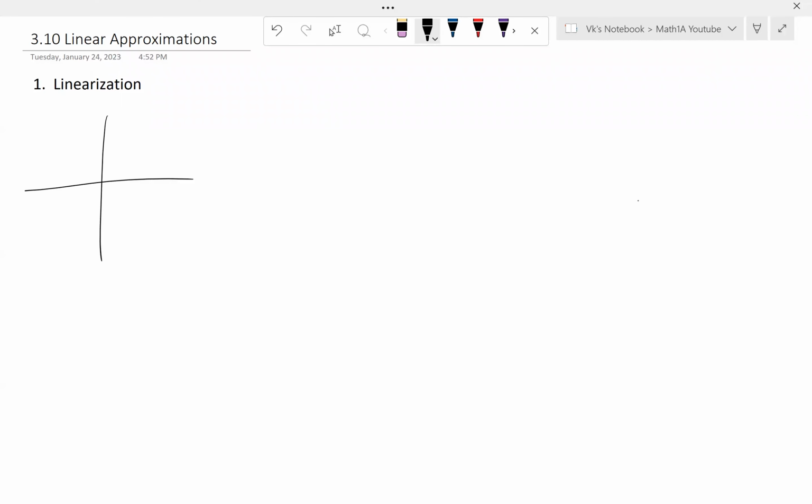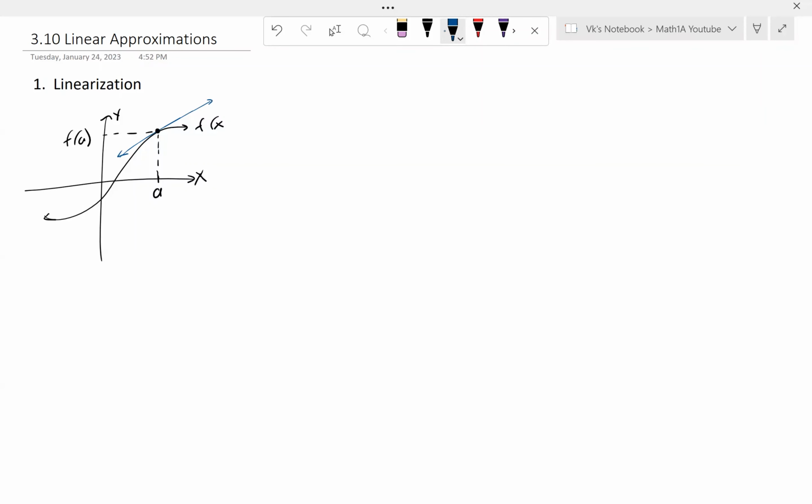So for a function f(x), at this point a, f(a), we have this straight line right here.